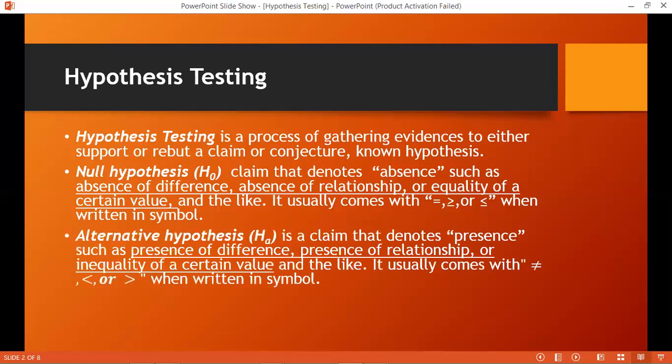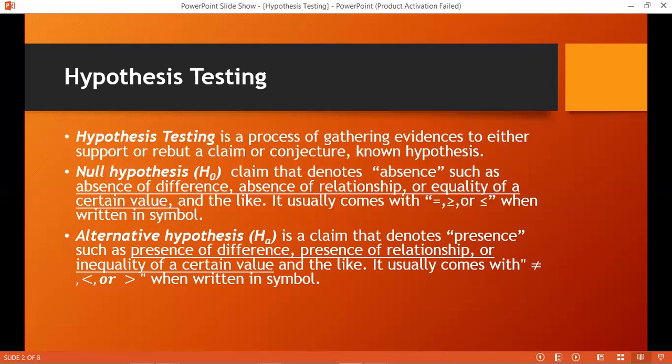Then we also have the alternative hypothesis. The notation for this one is either H sub A or H sub 1. Depende lang siya. It is a claim that denotes presence, such as presence of difference, presence of relationship, or inequality of a certain value. The symbols used for this one are not equal to, less than, or greater than.